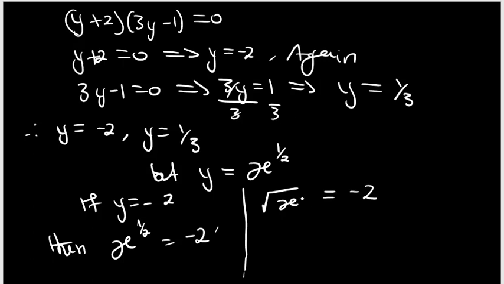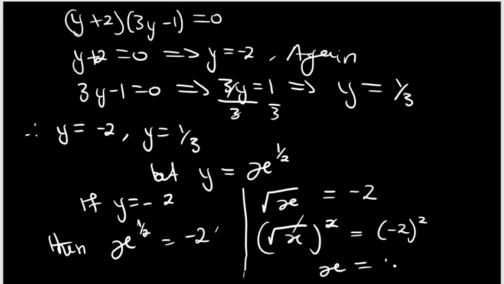So if you want to make sure that x stands alone, then we need to square both sides. So we are going to have the square root of x all exponent 2, and then this side we are going to have the negative 2 all exponent 2. We are going to have our x to be equal to positive 4.